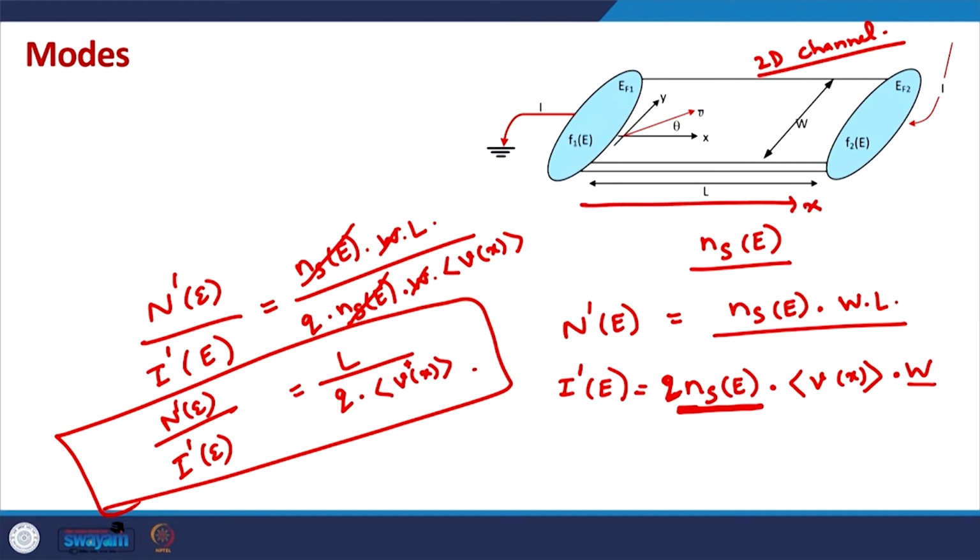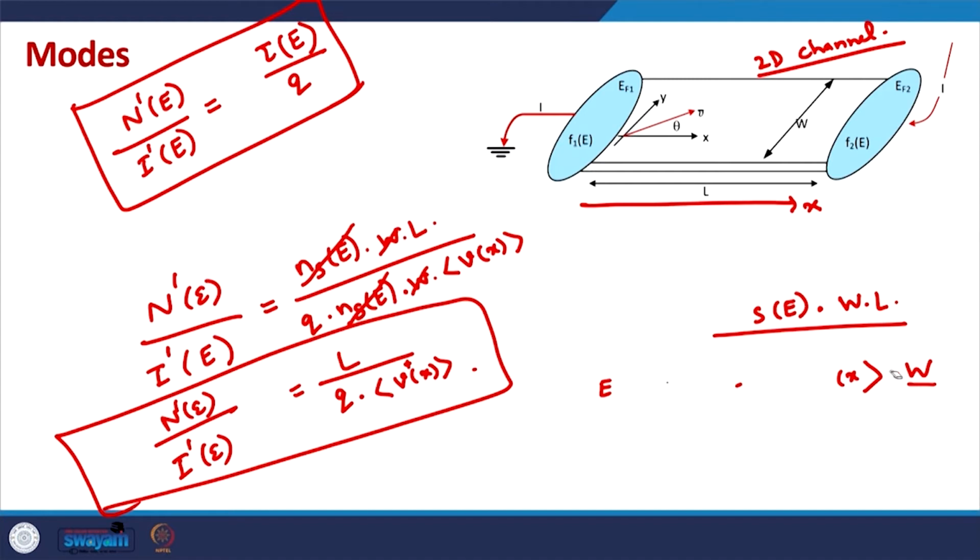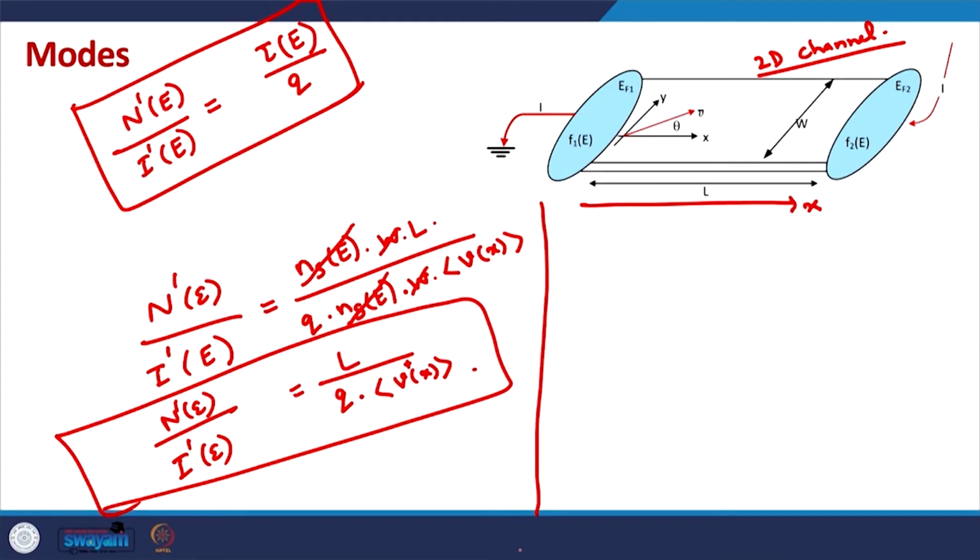Okay. And from our previous analysis, we found that the ratio of n prime E and I prime E is essentially tau E divided by Q. So, if we equate these two expressions, one from our analytical calculations and the second from our experimental understanding of the material, we can write tau E by Q equal to L by Q times average velocity in positive x direction.